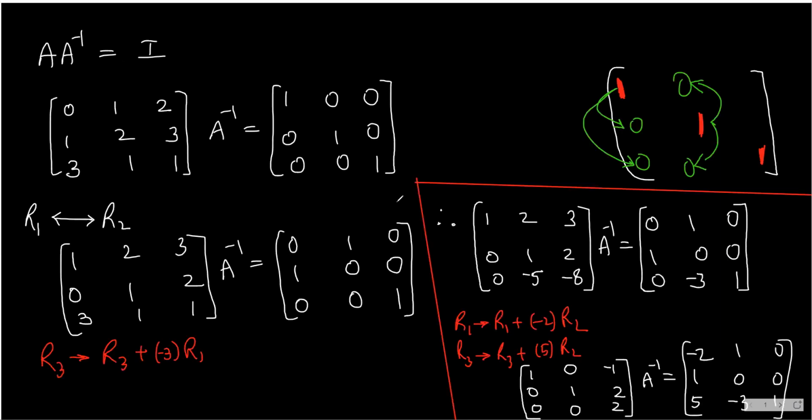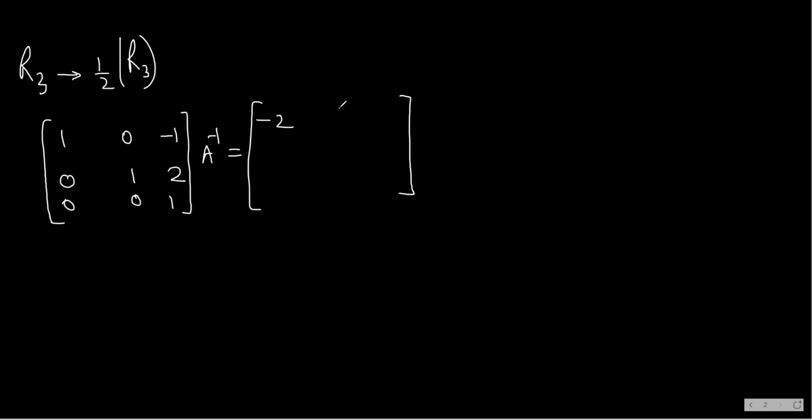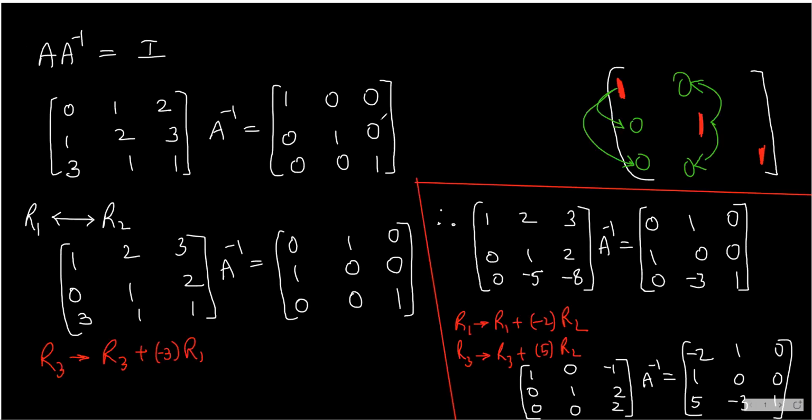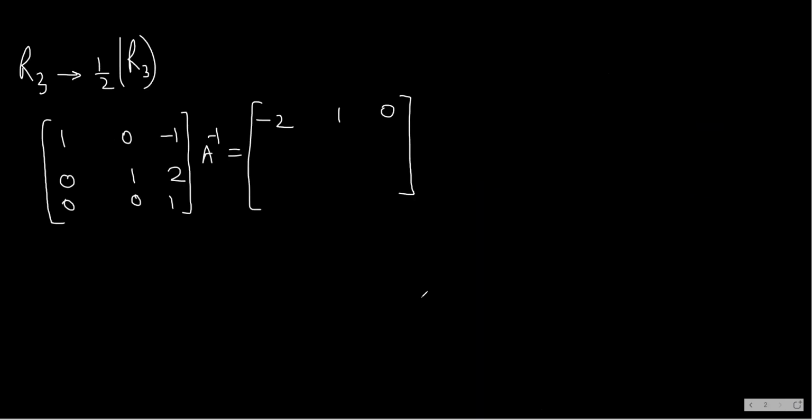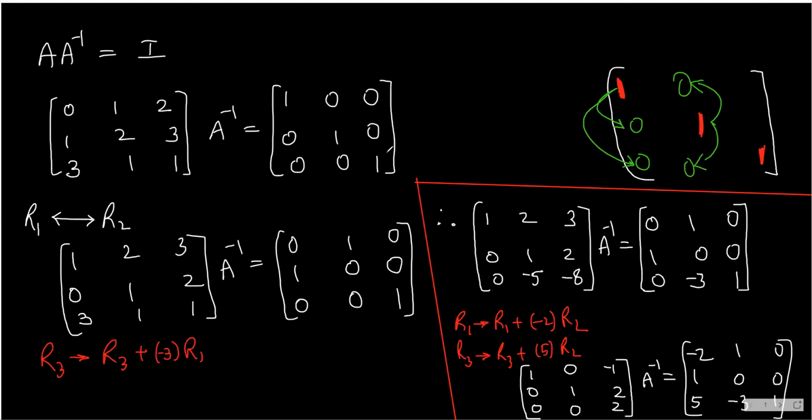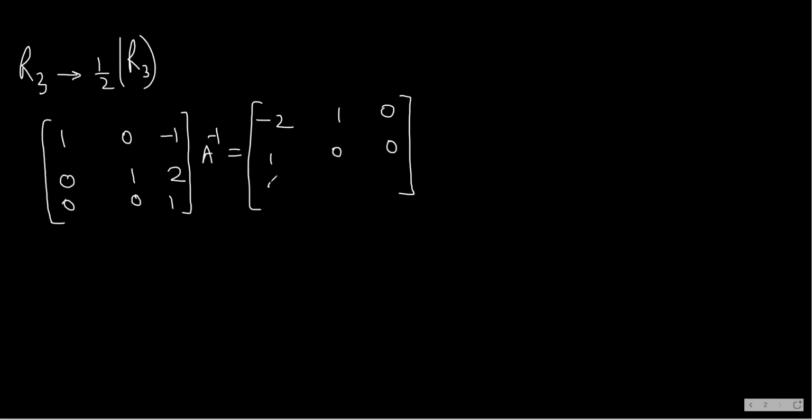So you will get here minus 2 1 0, 1 0 0, 5 by 2 minus 3 by 2 1 by 2.